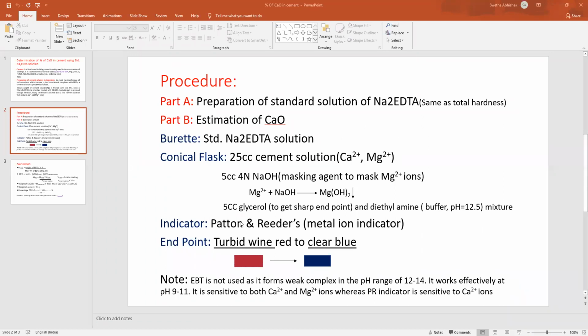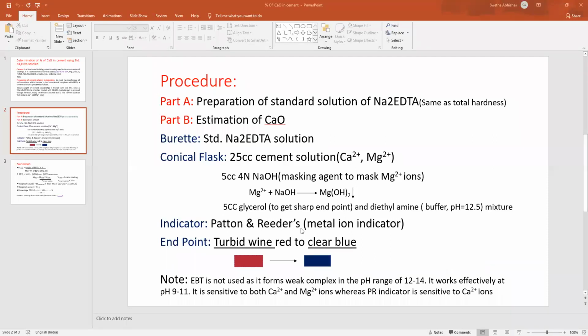Whereas Patton and Reeder's indicator is highly sensitive to calcium ions. So these two are the reasons for not using Eriochrome Black T indicator in the cement experiment, even though it is a metal ion indicator.